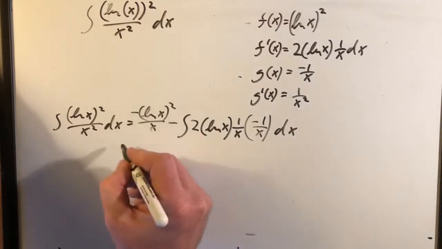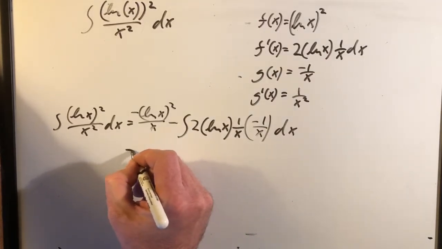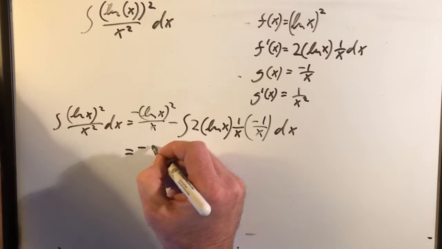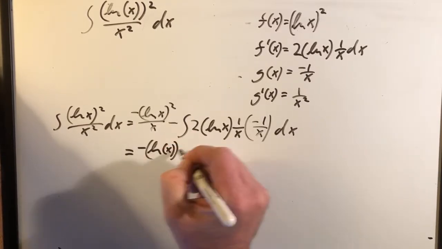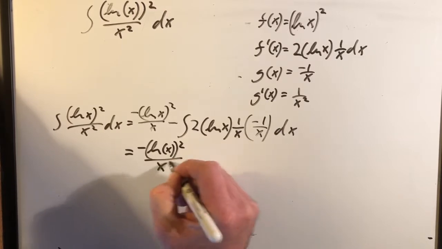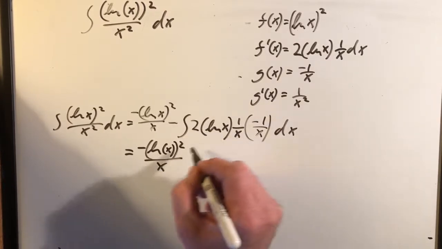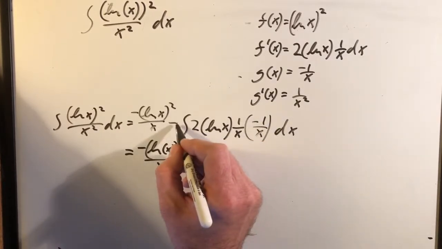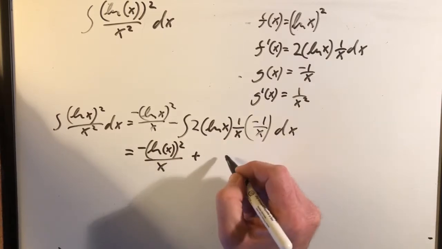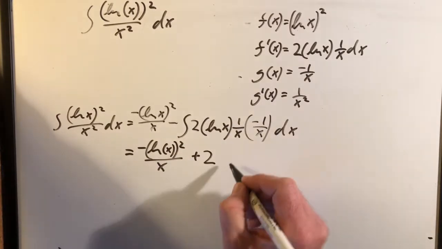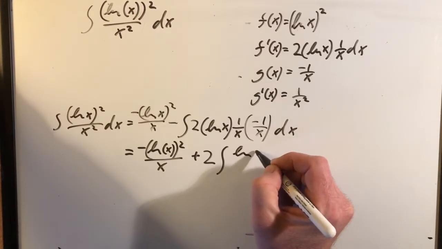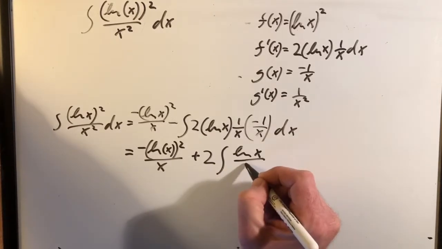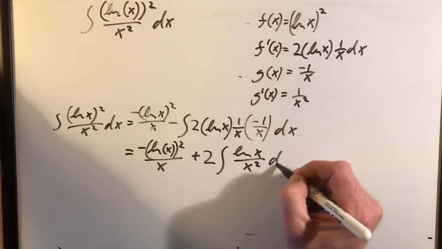Okay, let me do a little bit of housekeeping here. ln x squared over x, and then I'm looking for constants and things. I got a negative here, I can change that to plus. I can pull the 2 out, do the integral, and I have ln x over x squared dx.